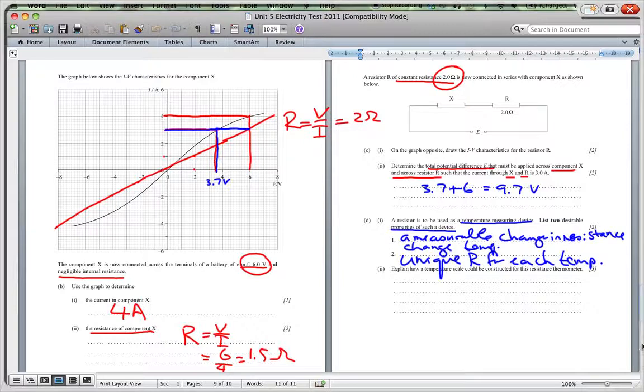Okay. And then explain how a temperature scale could be constructed for this resistance thermometer. Well, if you know the resistance for 2 known values of temperature, then you could create a temperature scale. Obviously it's quite complicated, because if there is a linear relationship, then it's quite easy to work it out.